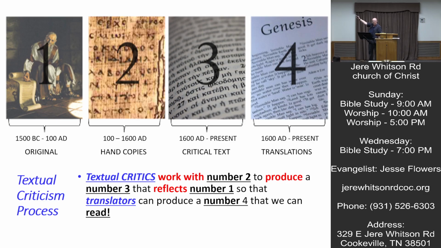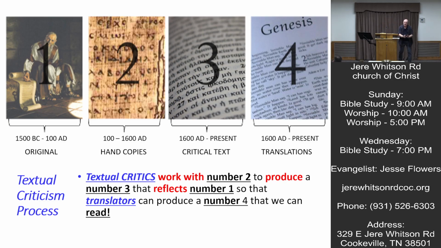And then the final thing is the translations that come out. So here's the way it works. You've got the textual critics. They have the number 2 stuff, all those hand copies. The bits and pieces, they pull it all together, and they produce the number 3, the critical text.